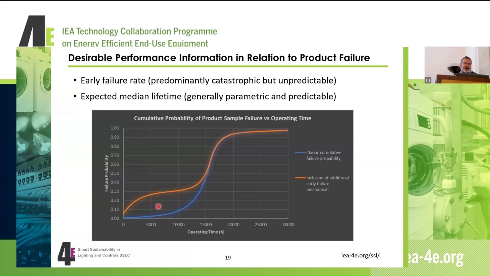That is most off-putting for you as a consumer, and it is also rather telling about the product, in that after a fairly short time, potentially up to 30% of the product has failed, but in terms of its median lifetime, it still reaches 15,000 hours. But we've had a lot of early failures. So in this example, nearly a third of the product has failed after about a third of its lifetime. That's not acceptable. So are there ways that we can test for those early failure rates?